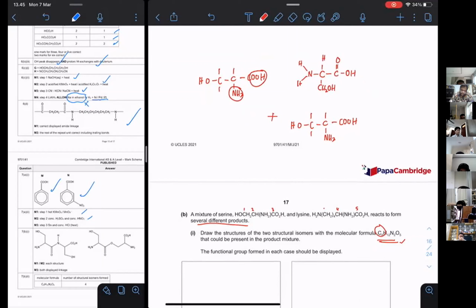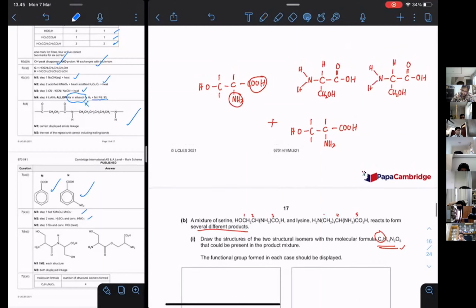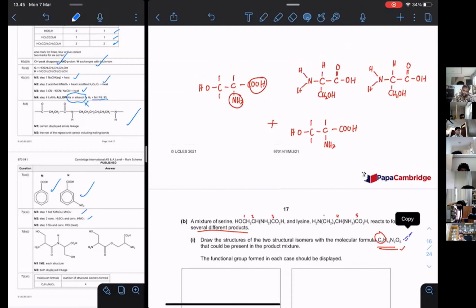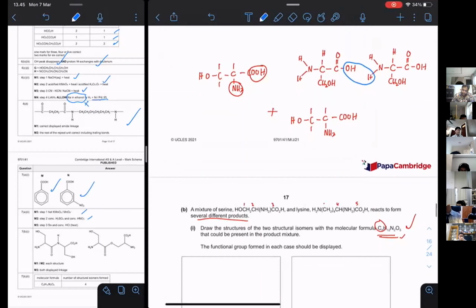So if I join together with another molecule of this, I must check that I'm going to get the same as this. If I do that, let's say the hydrogen and this one will go out. So I am going to get, I will erase this.